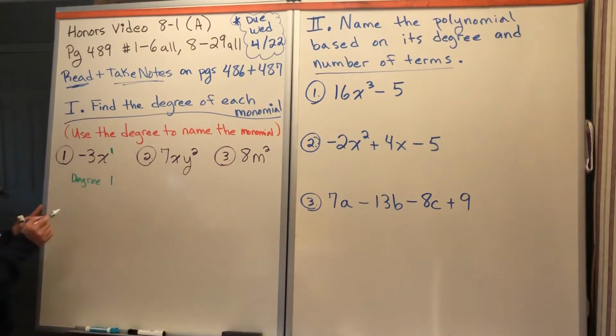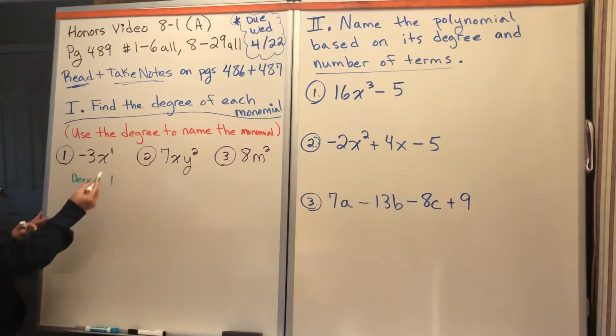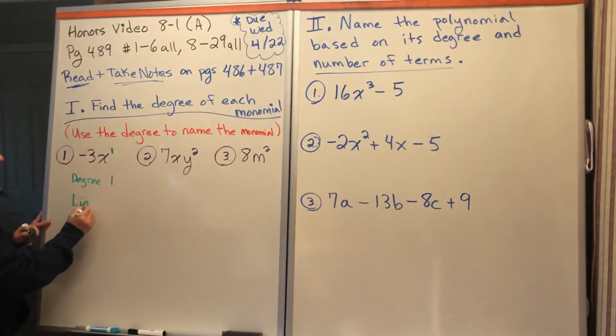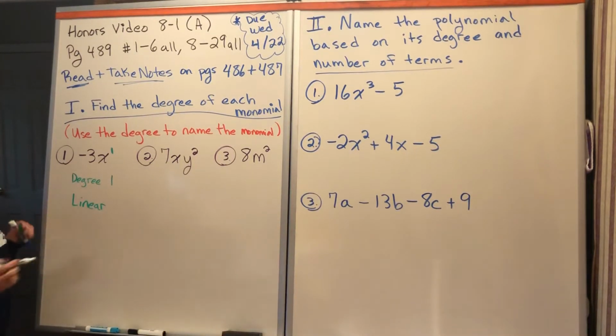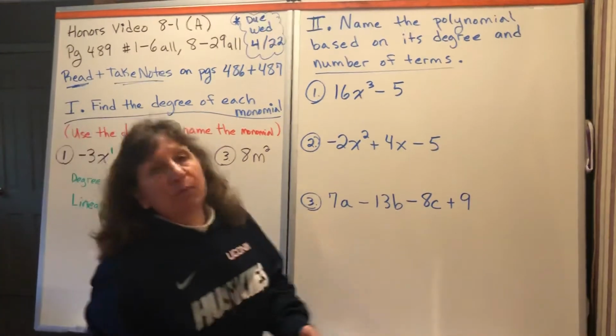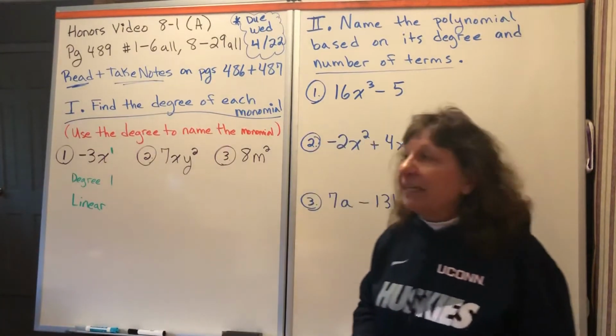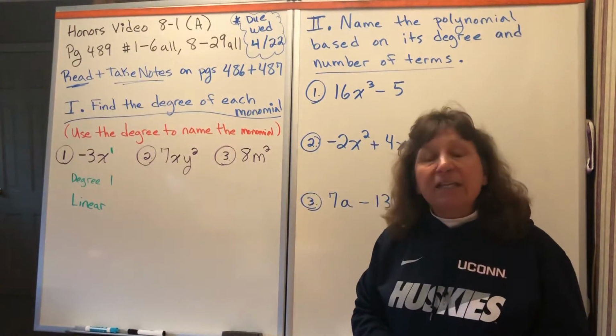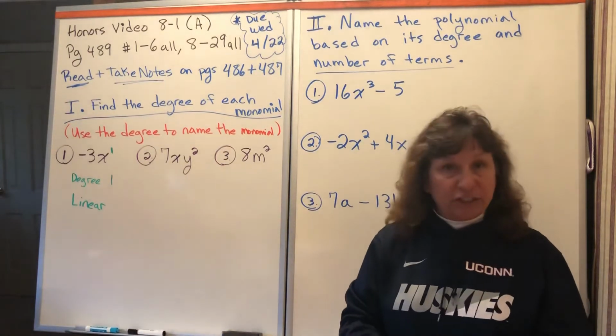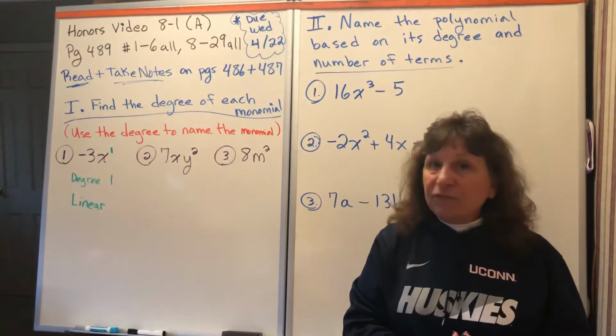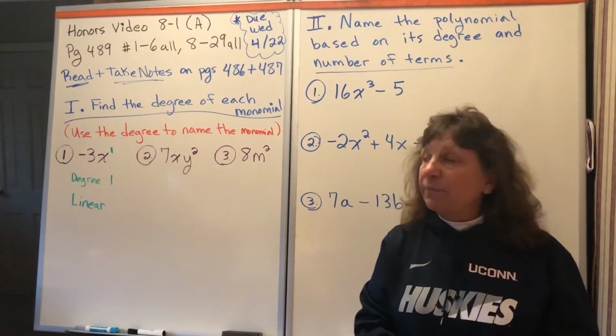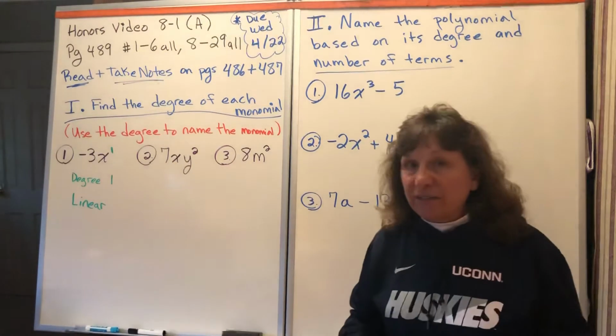Once we've determined the degree, we can also name it using our mathematical vocabulary. If it has a degree 1, it's a linear relationship. Every single equation that we dealt with in chapter 5 and even throughout chapter 6 was a linear relationship, whether in standard form, slope-intercept form, point-slope form, or any other form.